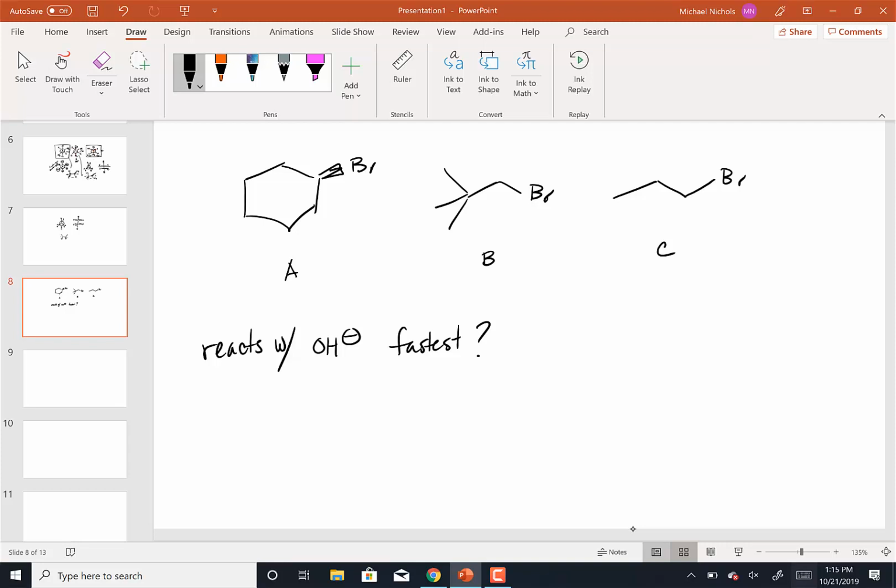If you had to rank those, how would you rank them from the one that reacts the fastest to the slowest? I'll give you a minute to think about it. And then I'm going to ask.